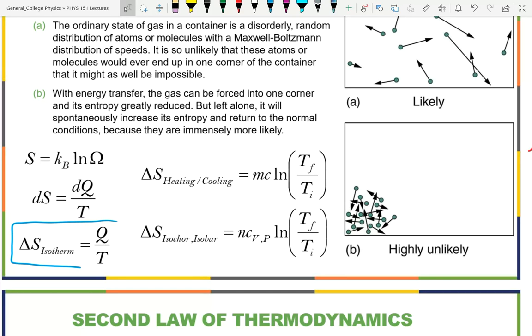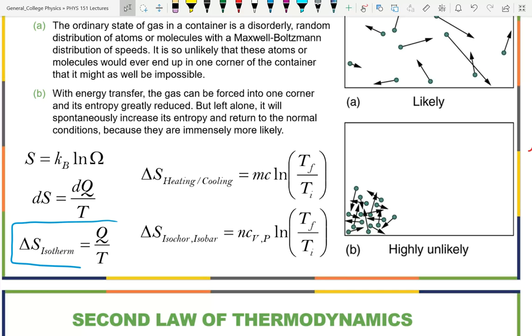You could take this room, evacuate all the air, have it seal tight, and then put air in the corner and release it. And as the air goes from being in the corner to spraying out in the room, what's going to happen to the entropy of the gas? Actually, it's going to go up because there's a lot more positions for them to have. So the entropy goes up as it fills the room.